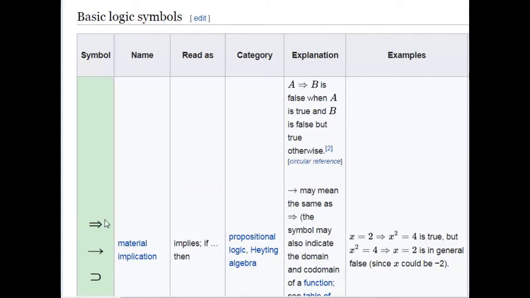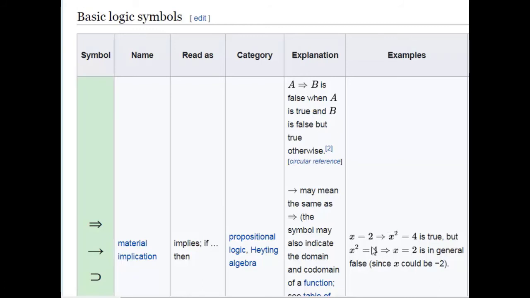This is implication. It reads as implies, or if then. Explanation here: A implies B is false when A is true and B is false, but true otherwise.